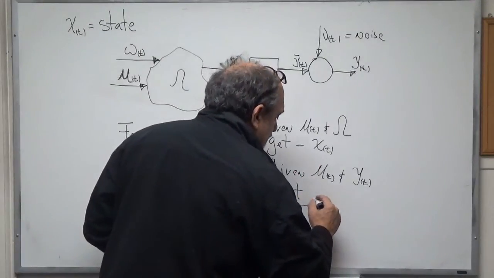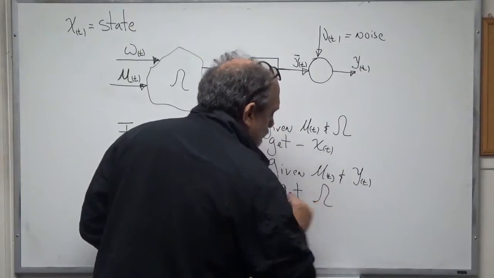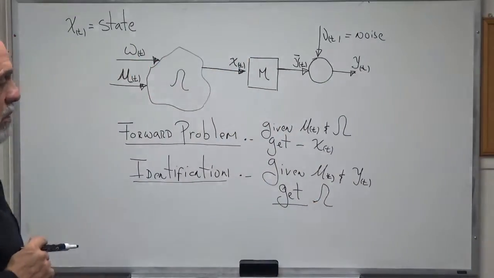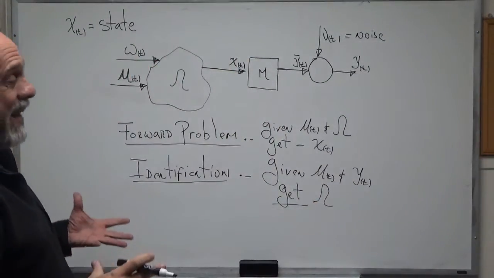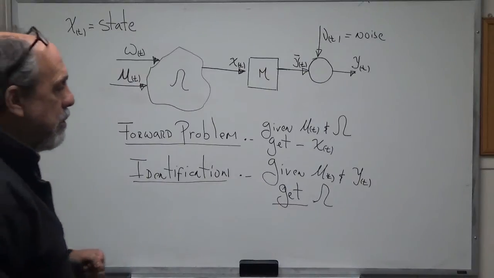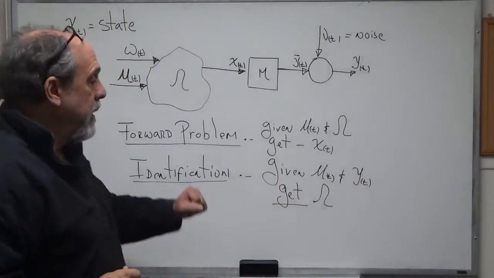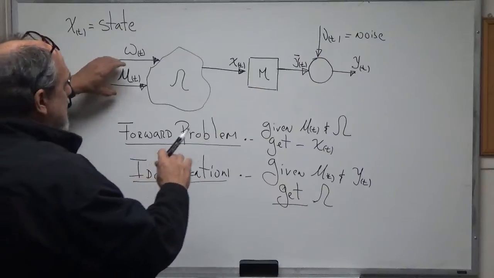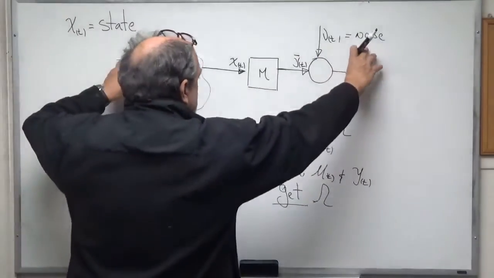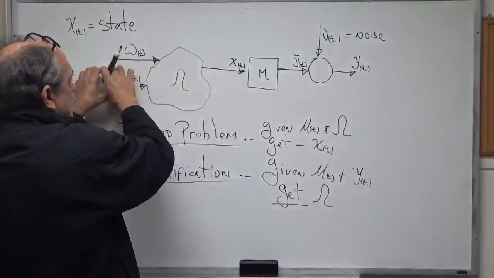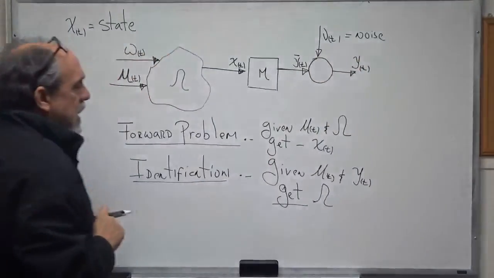I will just say get omega right now, which is a little bit too ambitious because we might not be able to get a full description of omega, but you get the point. So we are trying to say, given input and output, what is the system, instead of given input and the system, what is the output.